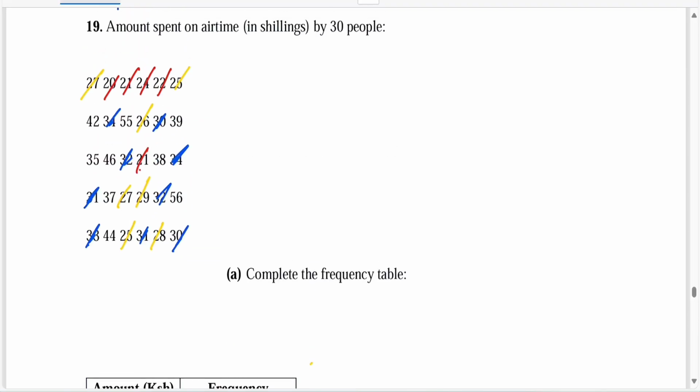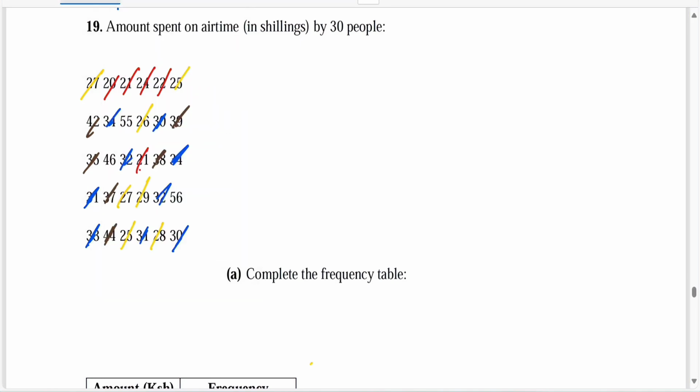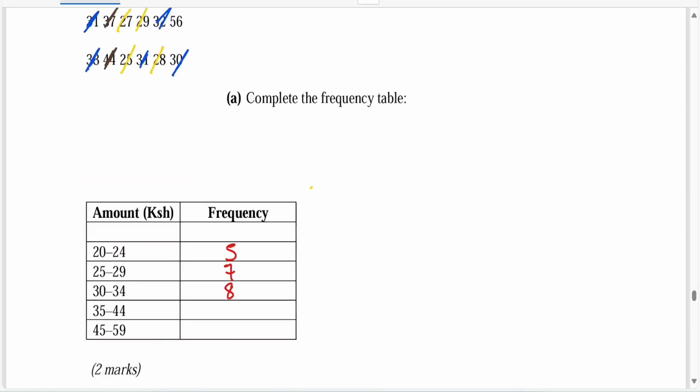Okay, just confirm. This one 3. 35 to 44. 3 4 4 5 6. So those are 6 numbers. Okay, you can confirm. 1 2 3 4 5 6 numbers.